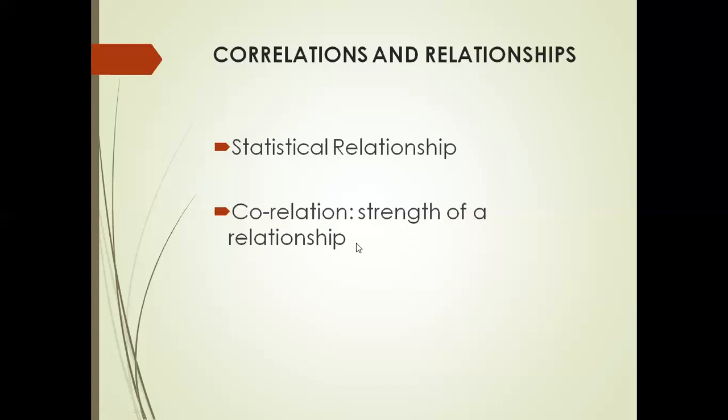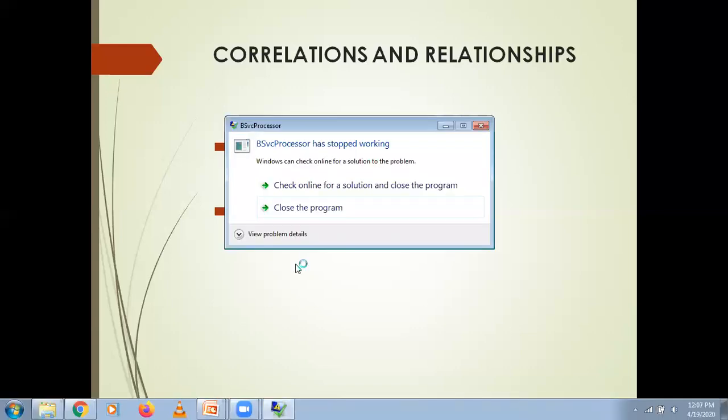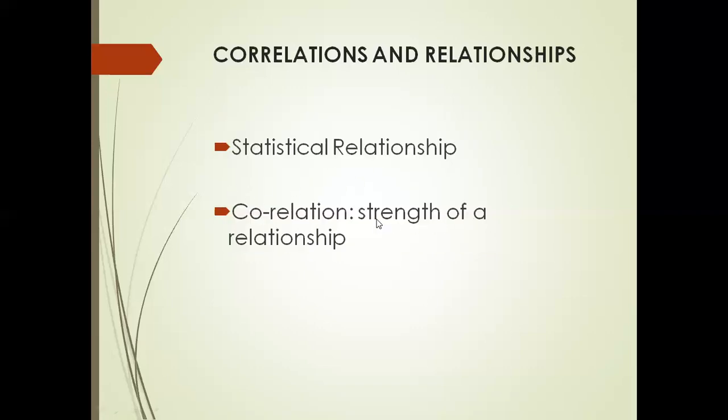Remember, the strength of the correlation is measured in the range of 0 and 1. A correlation of 1 indicates a perfect relation.